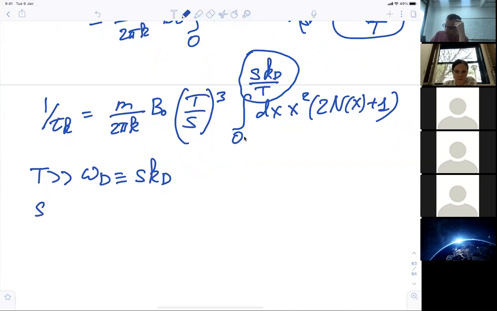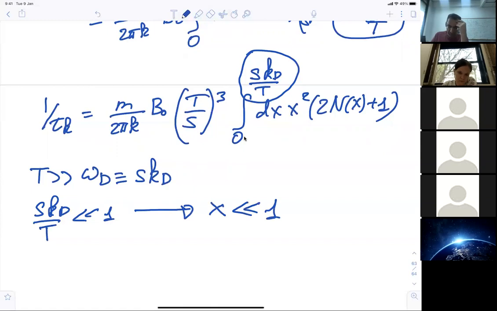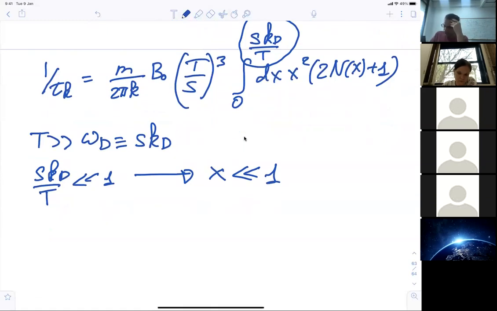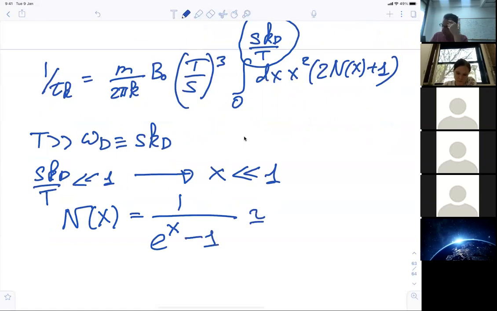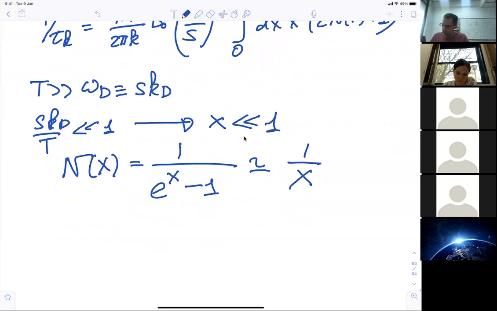In this case, s k dB over temperature is much smaller than 1, which means that x will be much, much smaller than 1, which means that the Einstein distribution function n of x, which is in general equal to 1 over exponent x minus 1, can be approximated by 1 over x. And therefore, these are the high temperature limit.